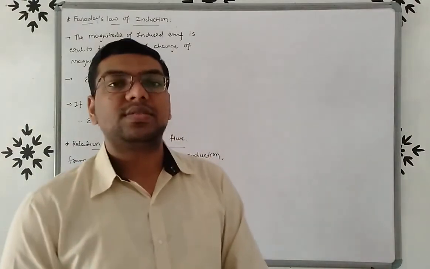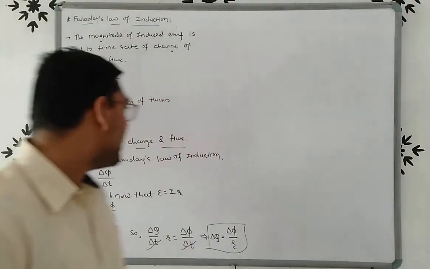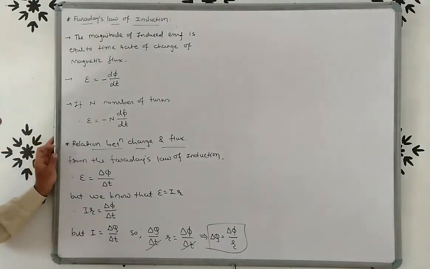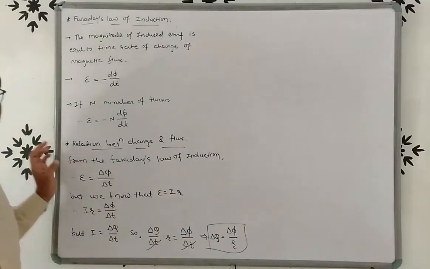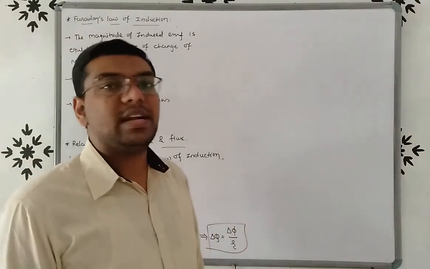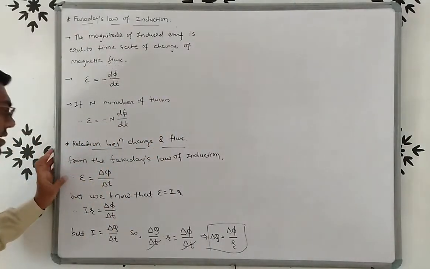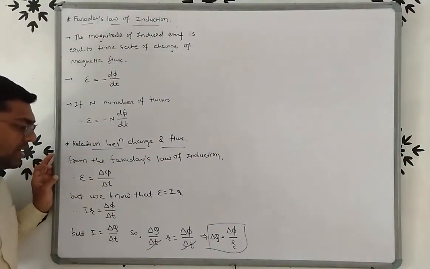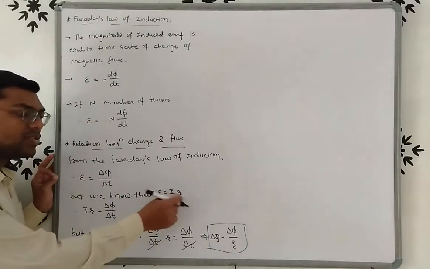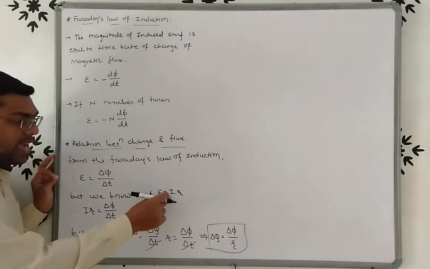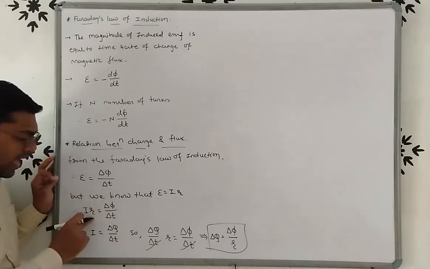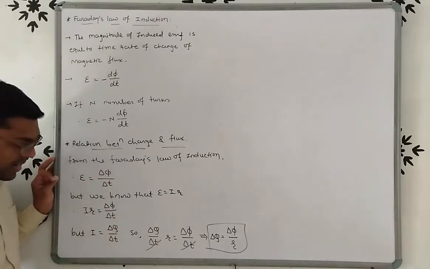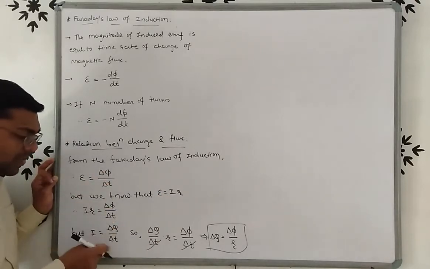Once again friends, to find the relation between charge and flux, we use Faraday's law of induction. Here the change in flux is delta phi, so EMF E equals delta phi by delta t. But we know that E equals IR, where I equals delta Q by delta t.